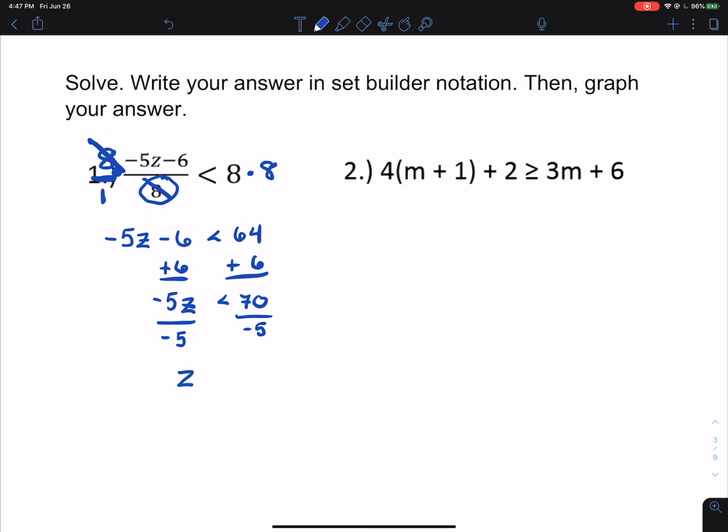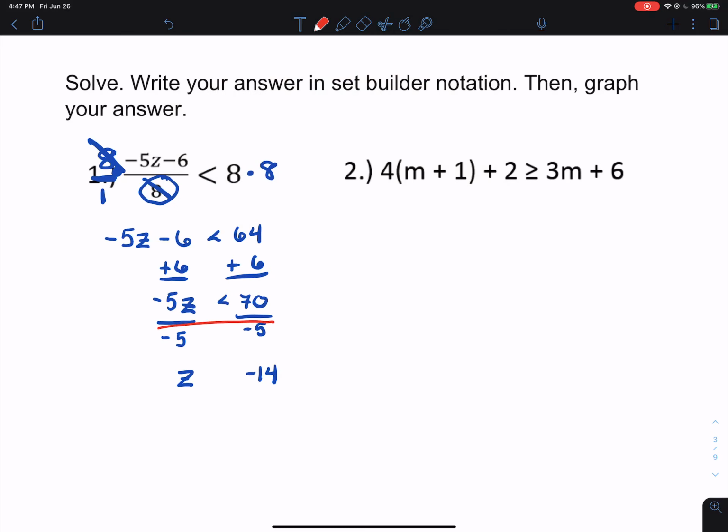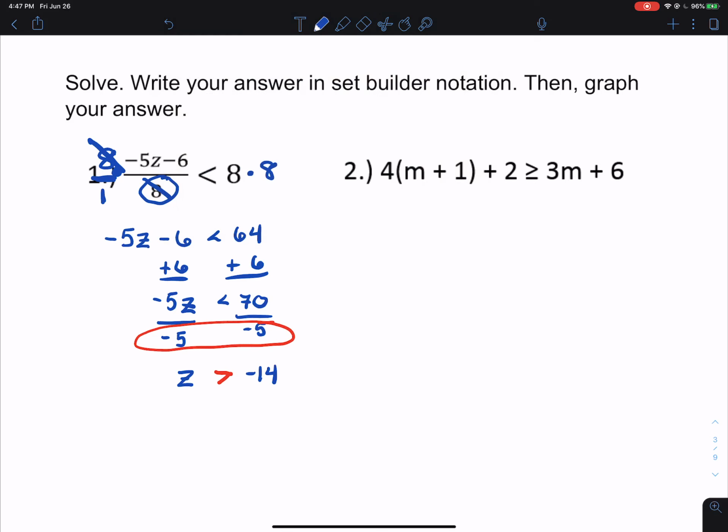The negative 5's cancel out to give me z, and 70 divided by negative 5 gives me negative 14. Now notice I divided both sides by a negative number, that negative 5. When I do that, I flip my inequality symbol. So my answer is z is greater than negative 14.